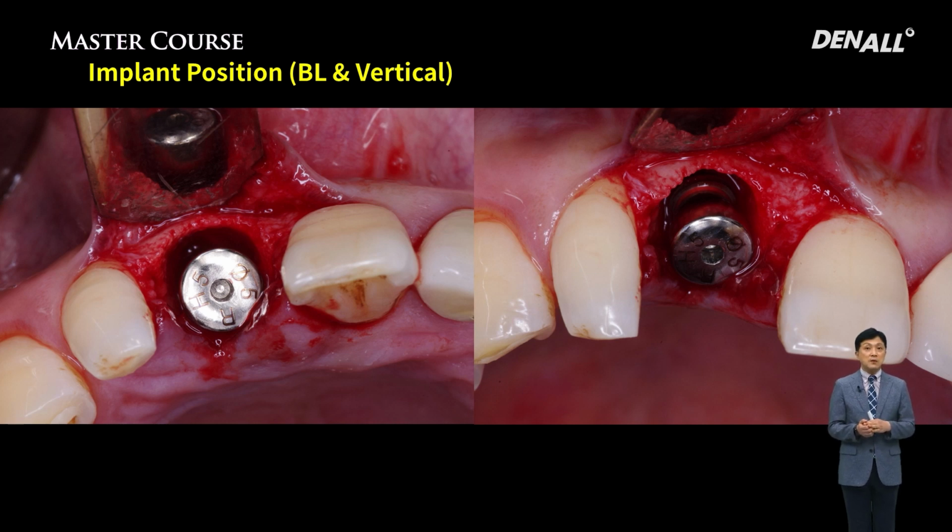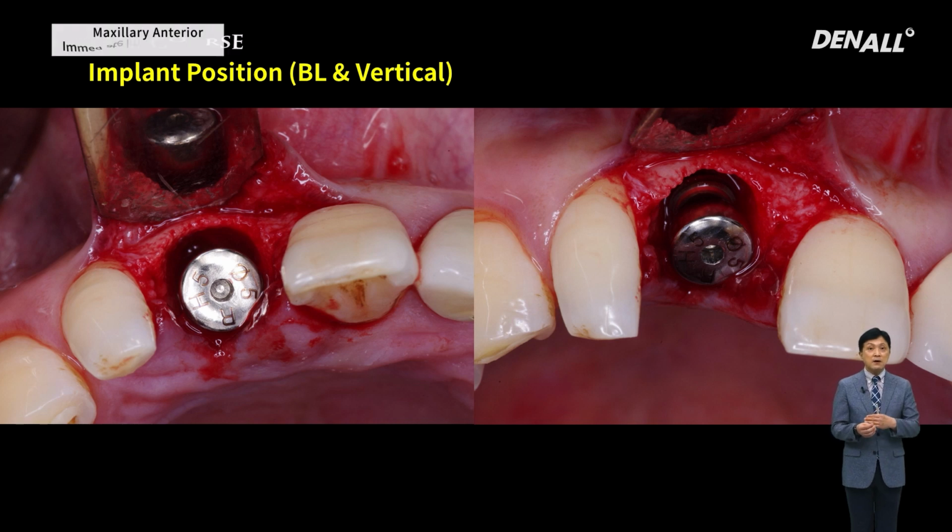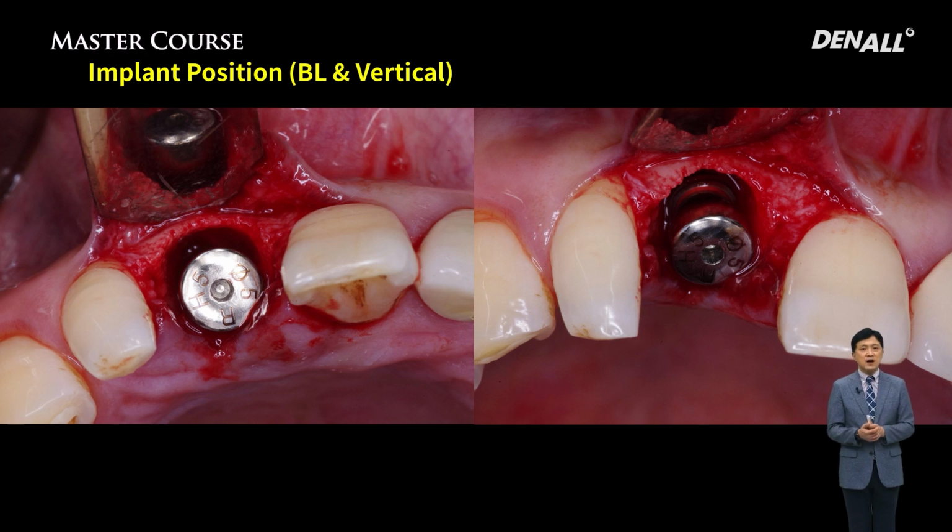So if you use a 3 millimeter healing abutment and 1 millimeter is exposed, that means there is only 2 millimeter gingiva below, which may lead to crestal bone loss in many cases. So in that case, aggressively, an implant should be removed and placed deeper for better long-term outcome or prognosis.